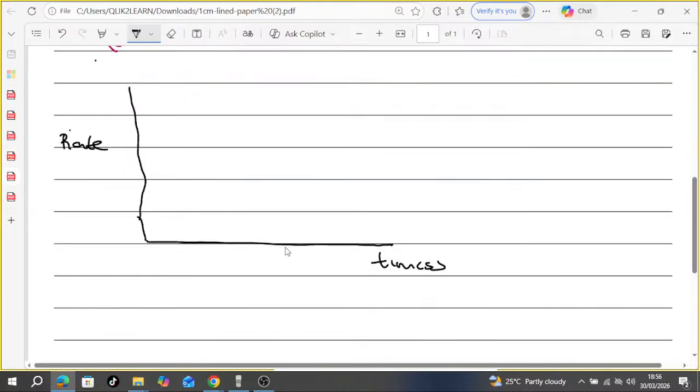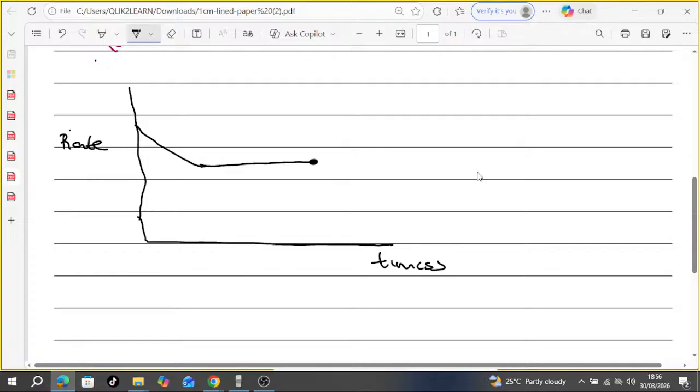So the rate graph starts like this, and then we are saying that the forward reaction is the one that starts. We are using the reactants to form the products. So when we get to this point, the temperature decrease means that the forward reaction is favored.